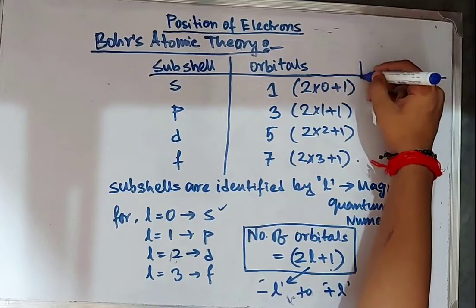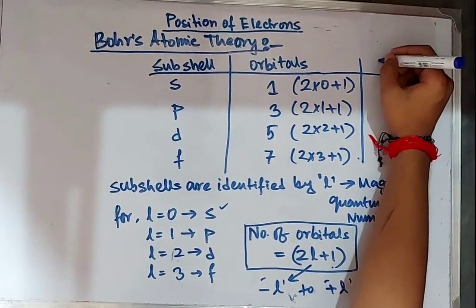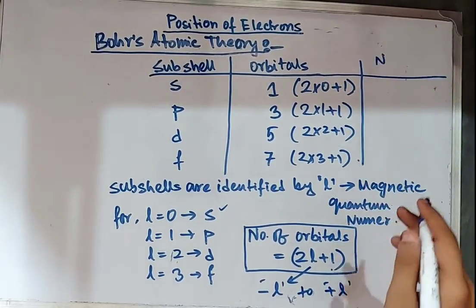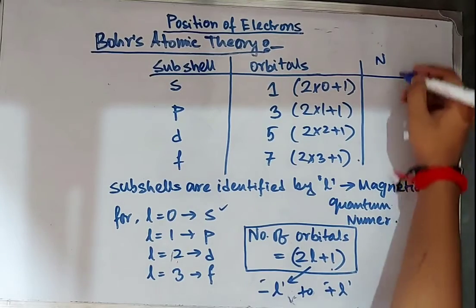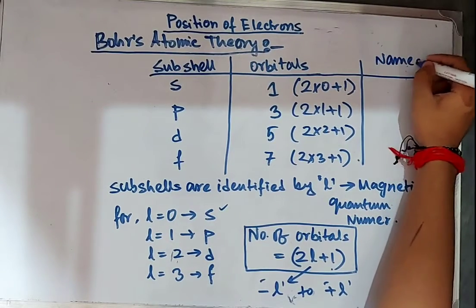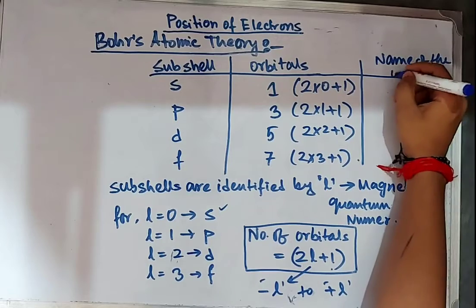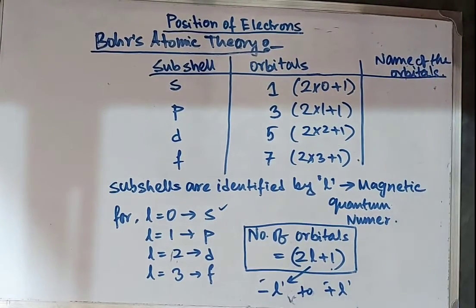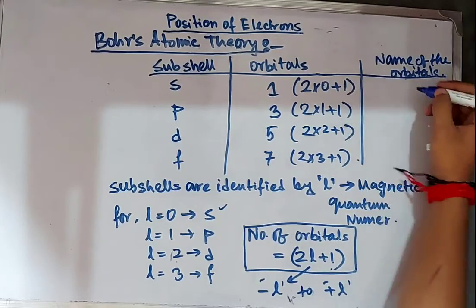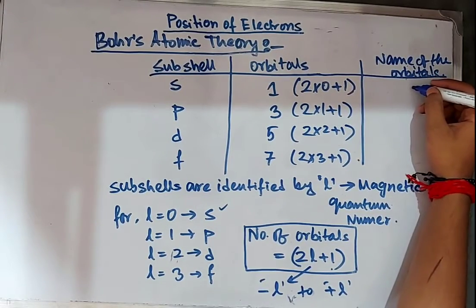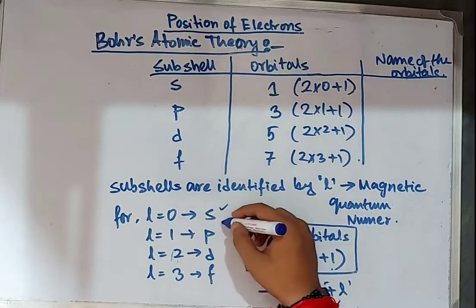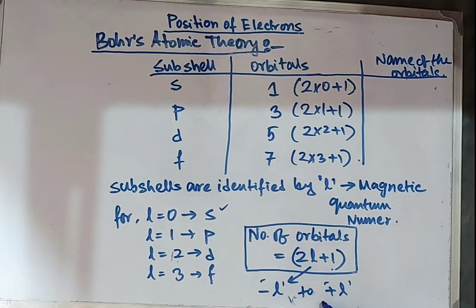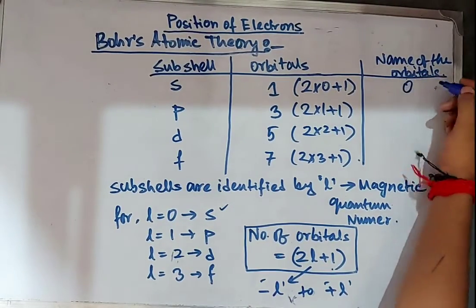If I talk about the names of the orbitals, L equal to 0 for S, so minus 0 to plus 0, that is 0 only.